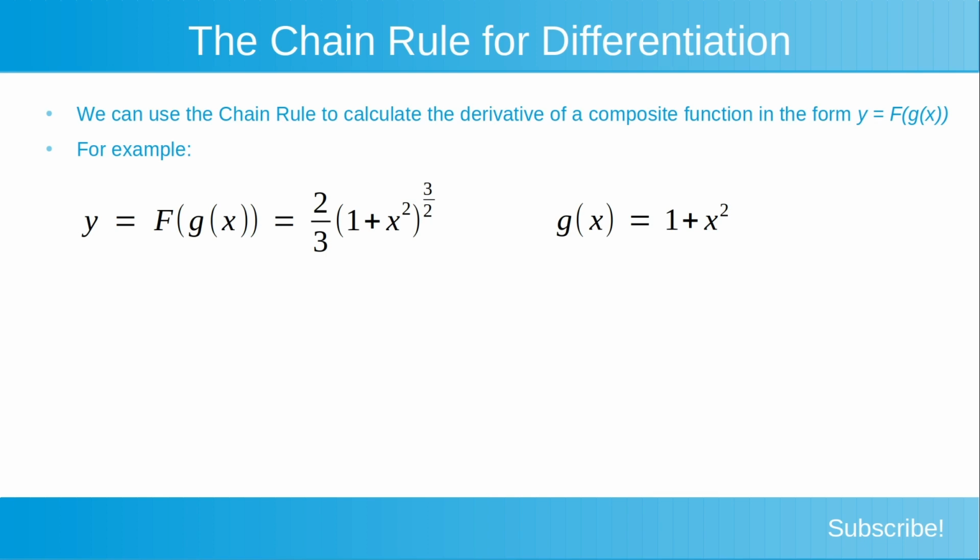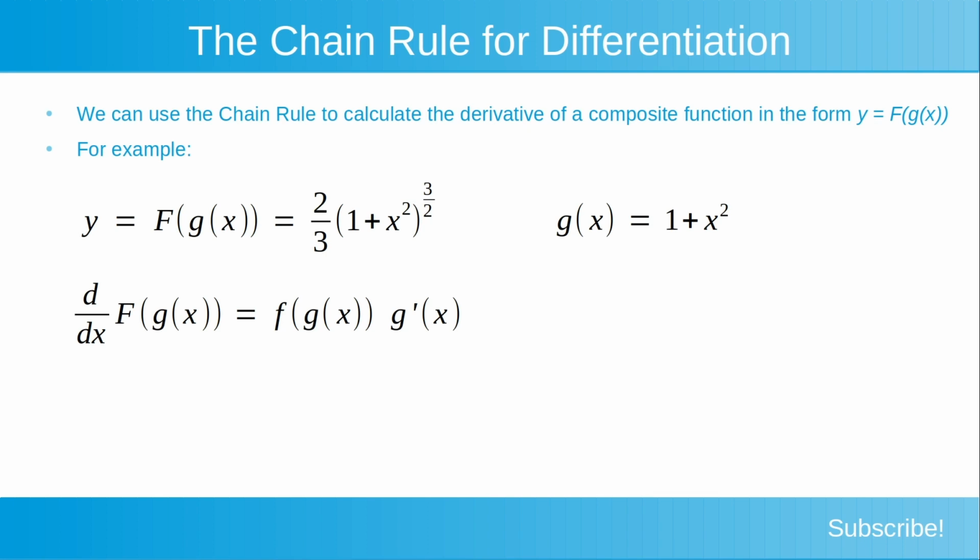We can express the derivative of our composite function as the derivative with respect to x of capital F of g of x. And we can calculate that derivative using our chain rule for differentiation as being equal to lowercase f of g of x multiplied by g prime x. Now we're going to explain these terms.